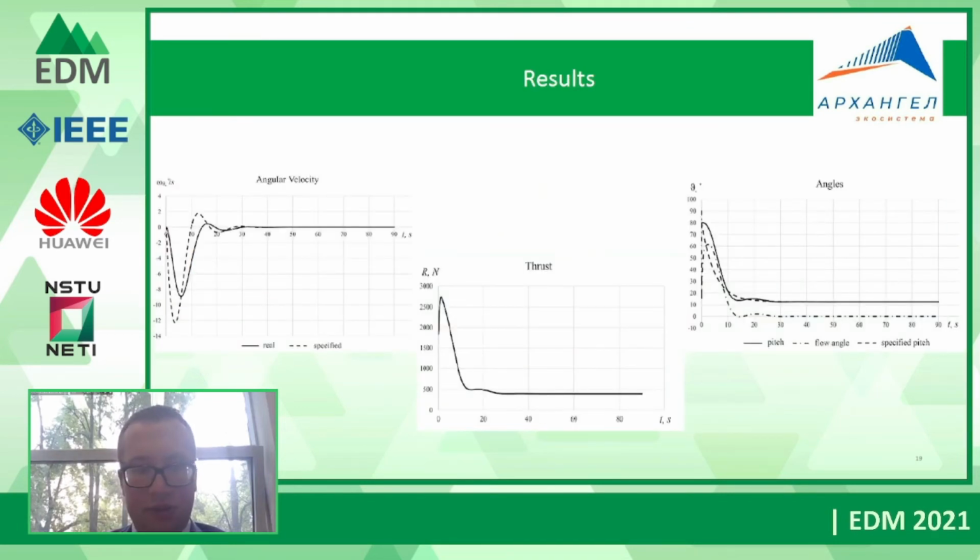And as a result, we'll see how we need to vary the thrust. At the start, the thrust is at maximum, and in cruising after approximately 20 seconds of operation and 200 meters of height, it's less than 500 newtons. So the next slide, please.